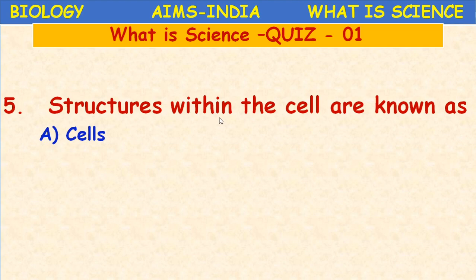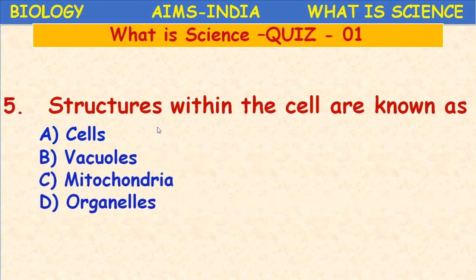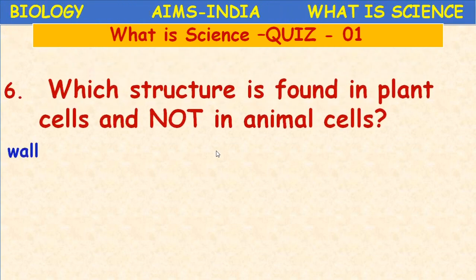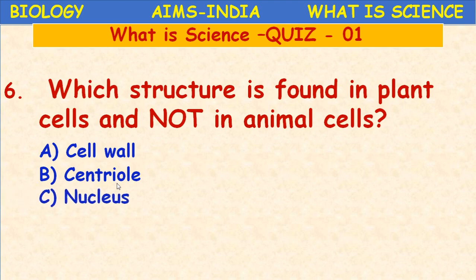The small structures within the cell are known as what? Cells, vacuoles, mitochondria, organelles. Organelles. Which structure is found in plant cells and not in animal cells? Cell wall, centriole, nucleus, cytoplasm.